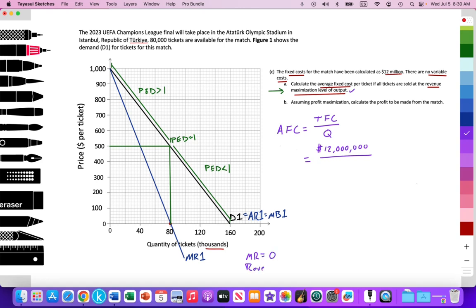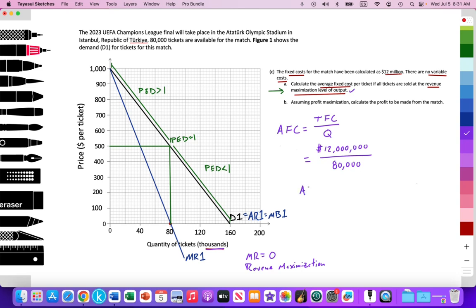Just for review again, there'll be links to videos below that explain that in greater detail. MR hits 0, and that's the midpoint across the demand curve. So here we have 80,000 tickets. I'll just plug in the quantity of 80,000, and there we go.